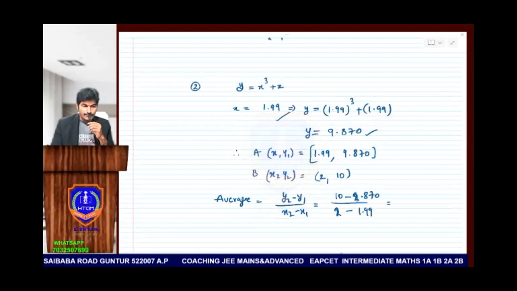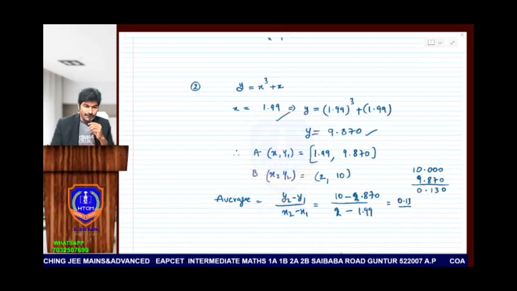Now do the subtraction. 10 minus 9.870 is 0.13, divided by 2 minus 1.99, which is 0.01.